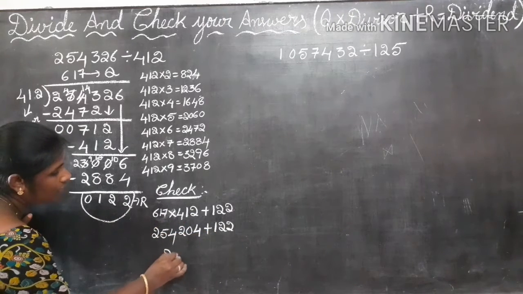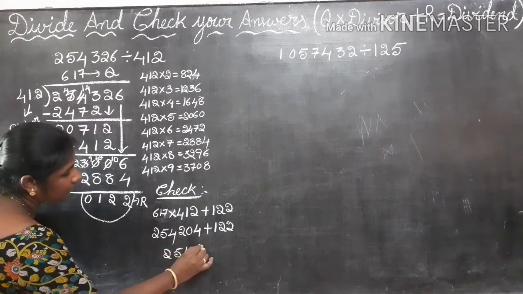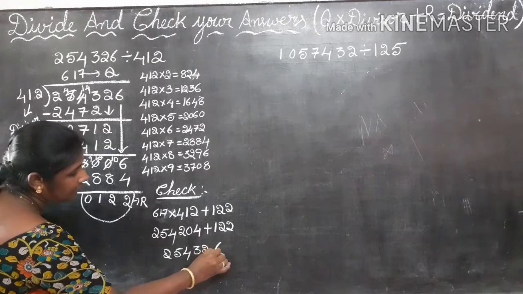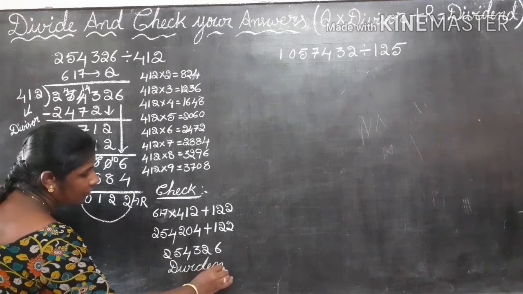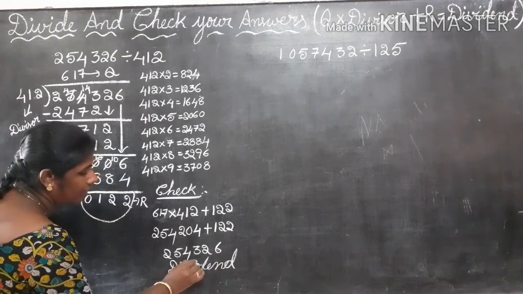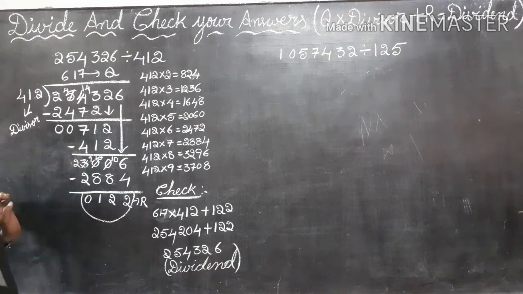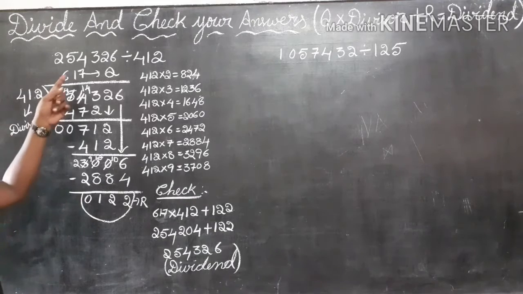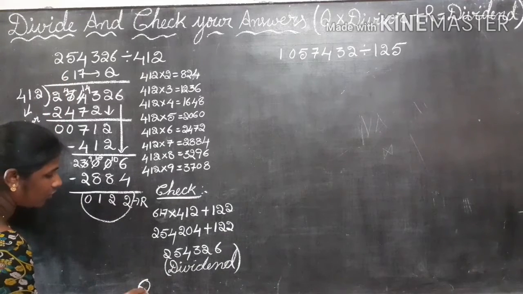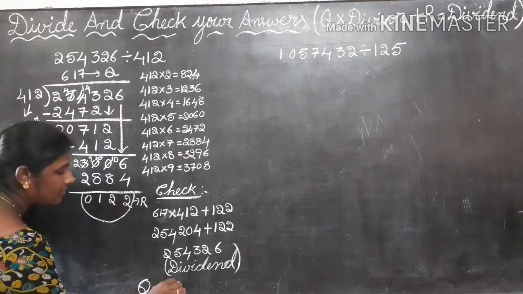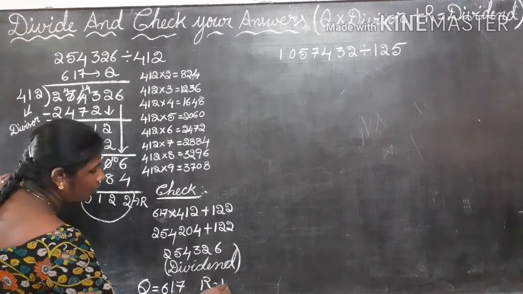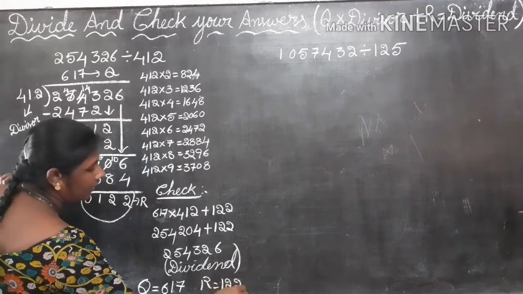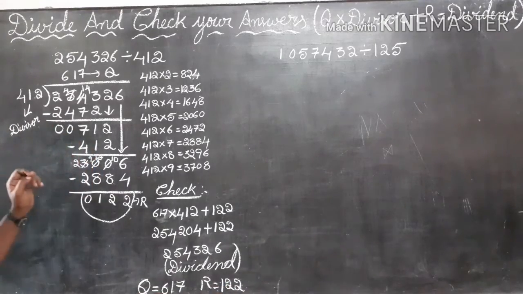Now 2,54,326 is the dividend. So what is the quotient here? 617. Quotient is equal to 617. Remainder is equal to 122.